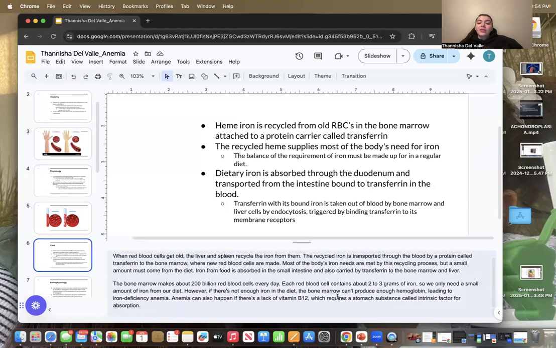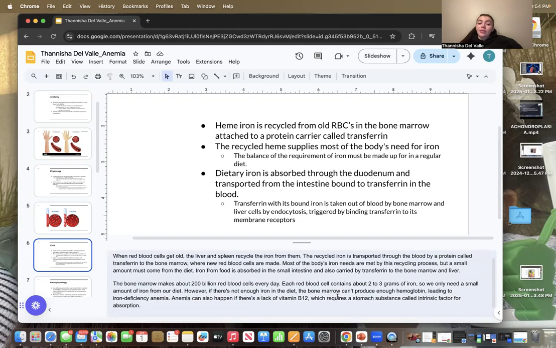So the bone marrow makes about 200 billion red blood cells every day. Each red blood cell contains about 2 to 3 grams of iron. So we only need a small amount of iron from our diet. However, if iron is not in our diet and our bone marrow cannot produce enough hemoglobin, then that's when it leads to iron deficiency anemia.